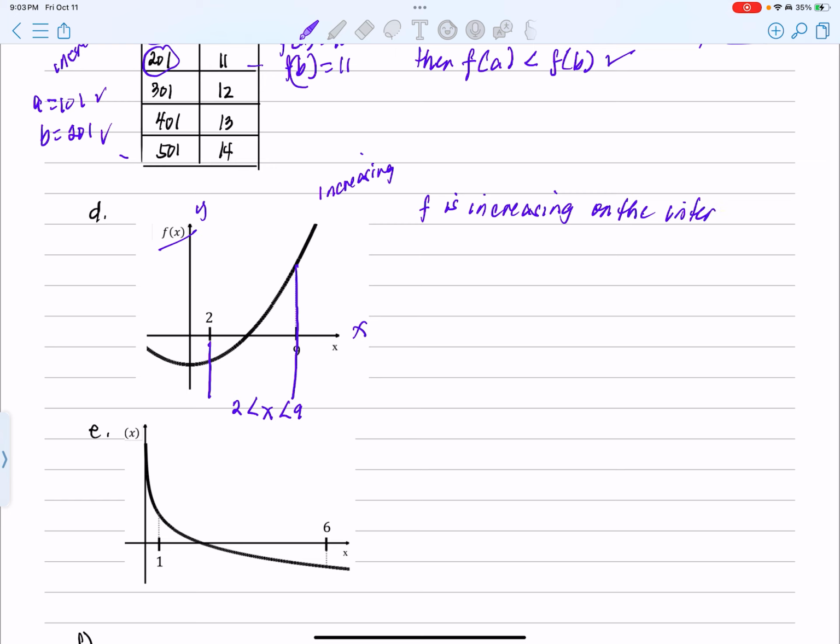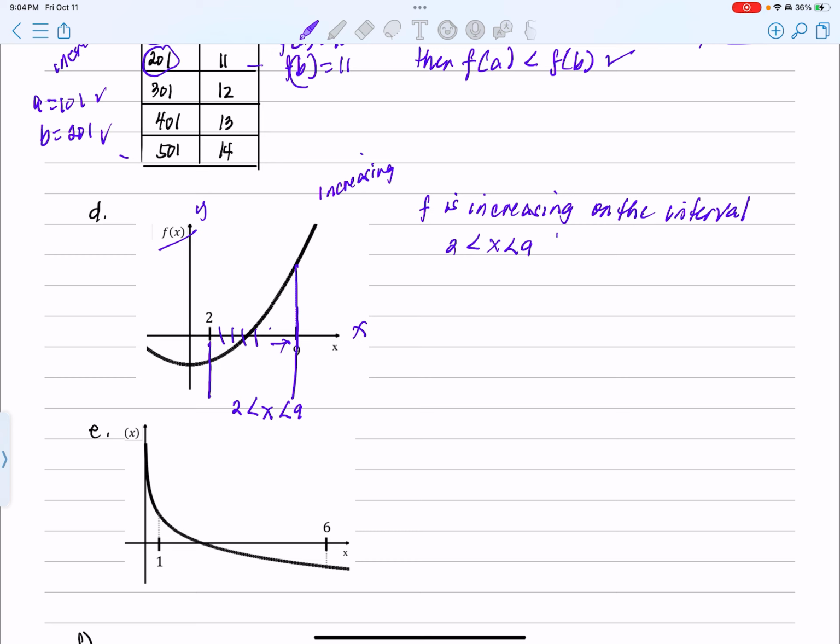On the interval, what is your interval? Between from 2 to 9. Okay? 2 to 9. So what is in between 2? 3, 4, 5, 6, 7, 8, 9, up to 9. That is what we mean by the value of x is between that 2 to 9. That's the interval.